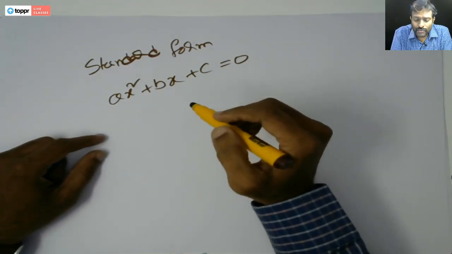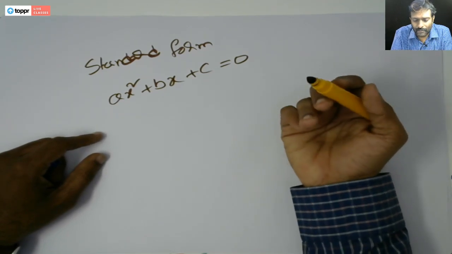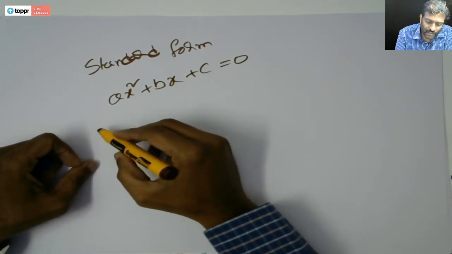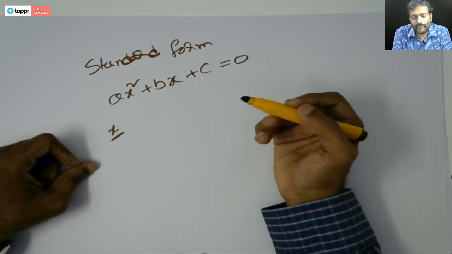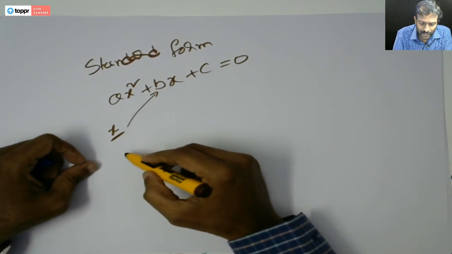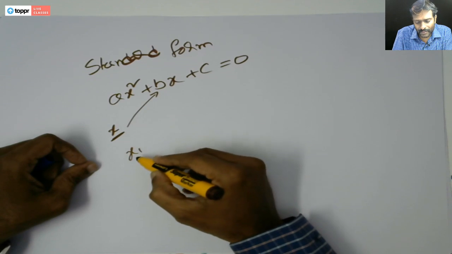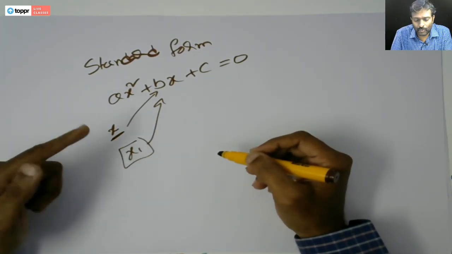And the roots of this equation, what do we mean by the roots of this equation? The roots of this equation are nothing but the values of x which satisfy the given equation. Suppose I say x1 is a root of this given equation.